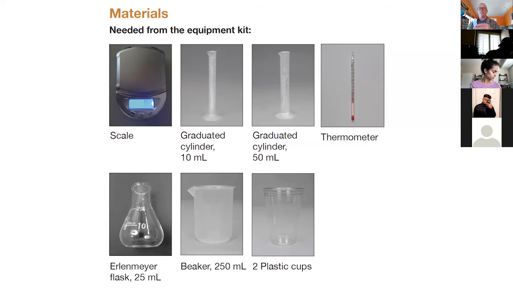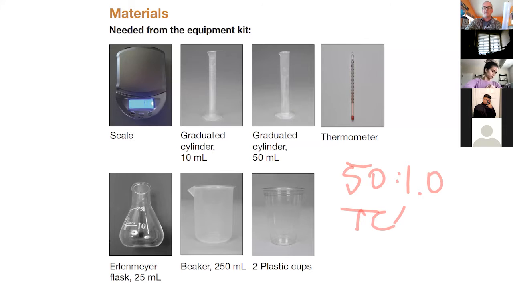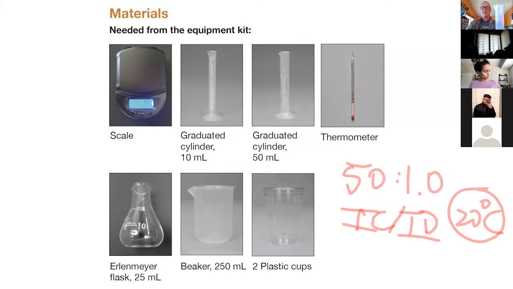Notice on the big one that it says 50 on the top, and then 1.0, TC TD 20 degrees C. So again, it's to contain and to deliver at 20 degrees, but this time it has 1.0. Why is it 1.0 on this one and 0.2 on the 10 mils?